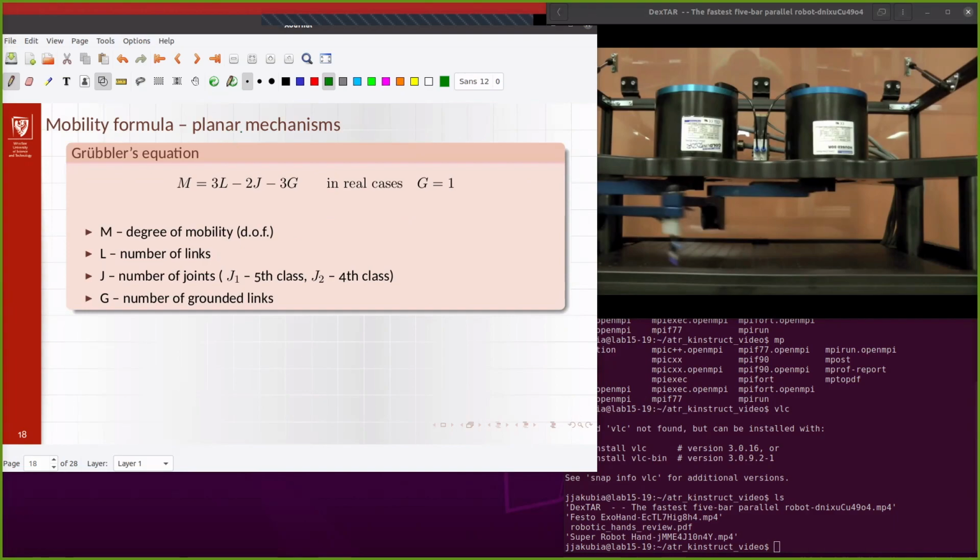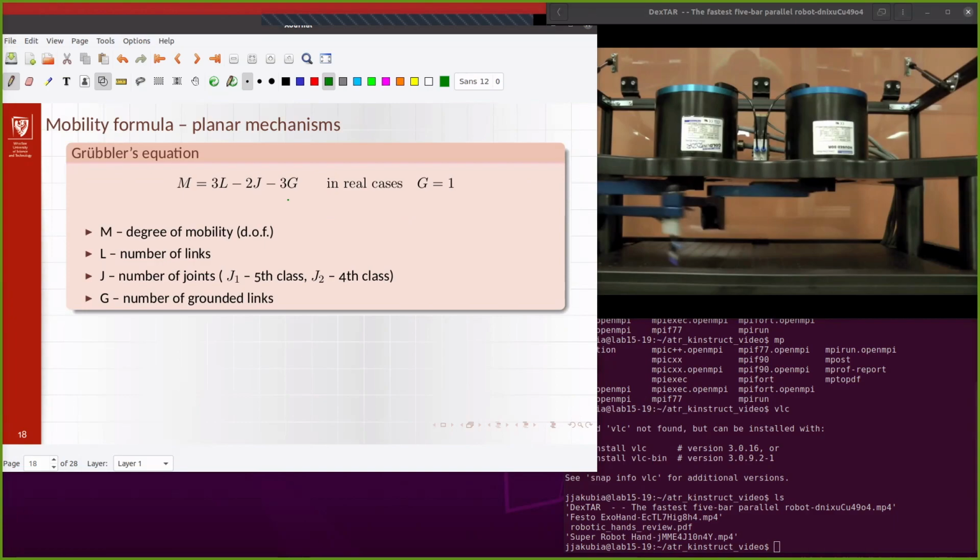That's the solution for the planar mechanism. So the mobility, or the number of degrees of freedom, is 3 times the number of links, minus 2 times the number of joints, minus 3 times the number of grounded links.